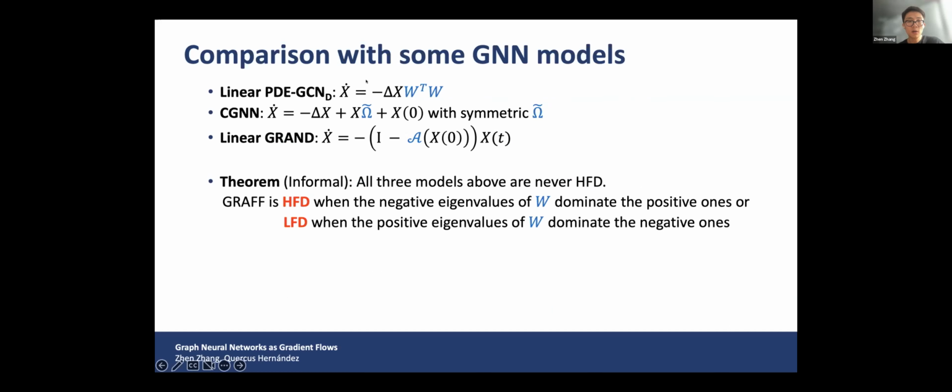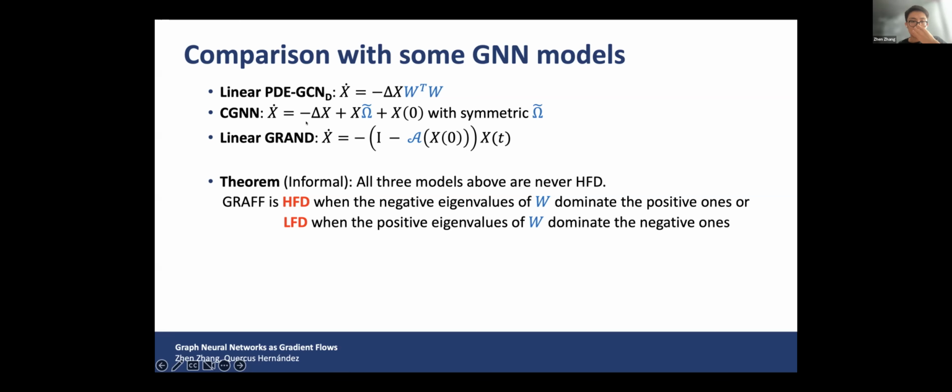And they compare their method with a lot of baseline methods. The first one is the so-called linear PDE GCND, which is exactly the same as the generalized harmonic flow, which is associated with the weighted derivative energy. And the second one they compare with is the continuous graph neural network, which is a special case of their graph, in the sense that they basically set the last component, the W tilde, to be 0.